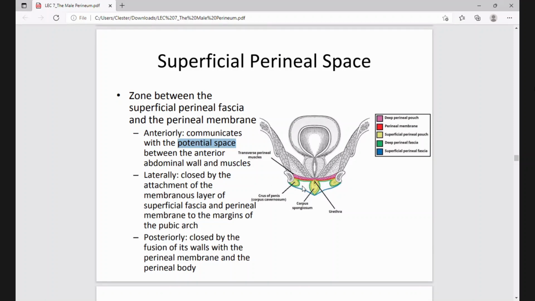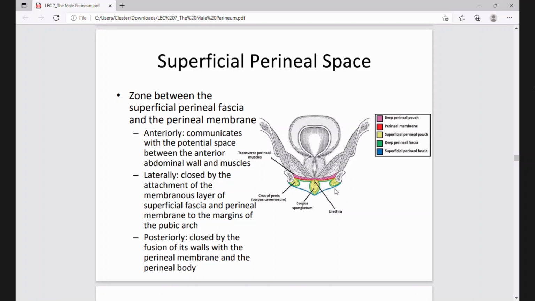It's just a potential space. So, just in case you have an accumulation of fluid here in this superficial perineal pouch, like, say, blood or maybe urine, remember, because the corpus spongiosum is there, if it escapes into the superficial perineal pouch, it can actually ascend into the abdominal wall, into that potential space.